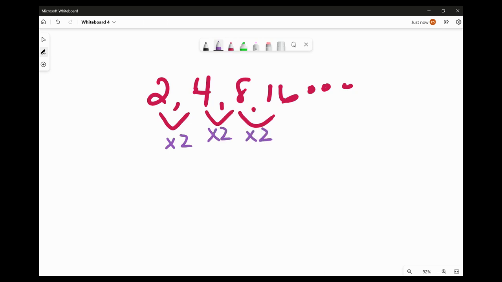We'll come to this later on. This is not an arithmetic sequence. It is a geometric sequence because we're multiplying by 2. So in order for it to be an arithmetic sequence, you have to be adding or subtracting the same amount every time. It can't be multiplication or division. It has to be addition or subtraction. And that's all you need to know really about arithmetic sequences.